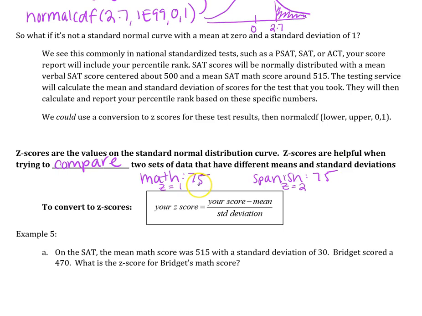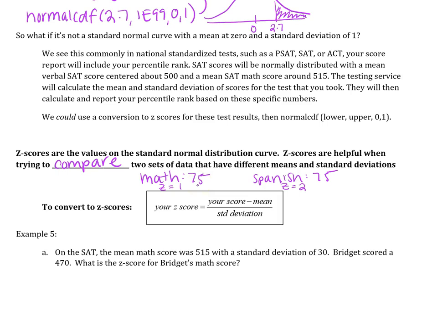What that means is, even though you have the same grade on the test, on your math test, you're only performing 1 standard deviation above the mean. So you're right around the middle of how everybody was doing. You did a bit better, okay? But on your Spanish test, you blew away everybody else as you're doing 2 standard deviations better than the mean, okay? So you could say you did better on your Spanish test than you did on your math test, because relative to everybody else who took that test, you were 2 standard deviations above the mean, as opposed to the math test, that was 1 standard deviation away.